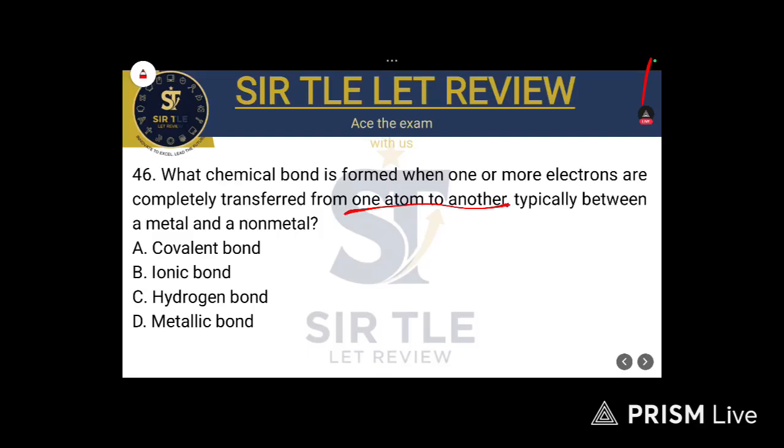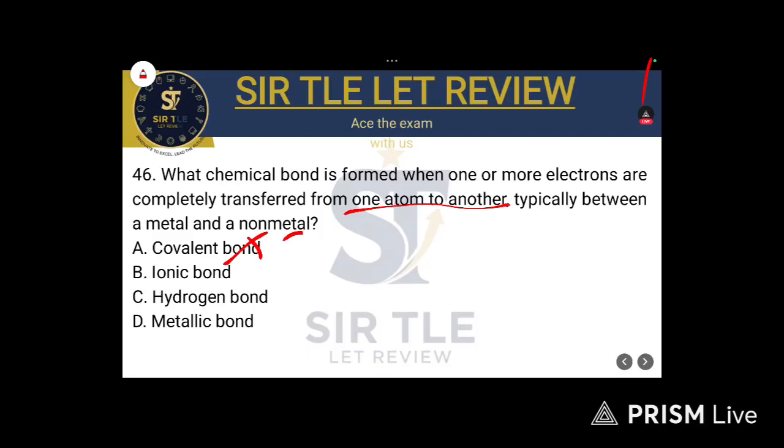So, a chemical bond formed when one or more electrons are completely transferred from one atom to another. Covalent bond is wrong.